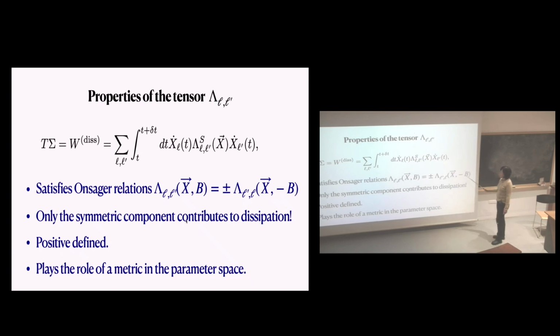It satisfies Onsager relations because they come from susceptibilities, which are evaluated with an equilibrium state. And it is positive because it has to be in agreement with the second law.